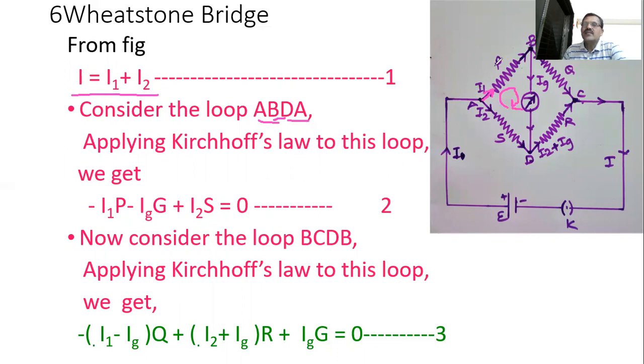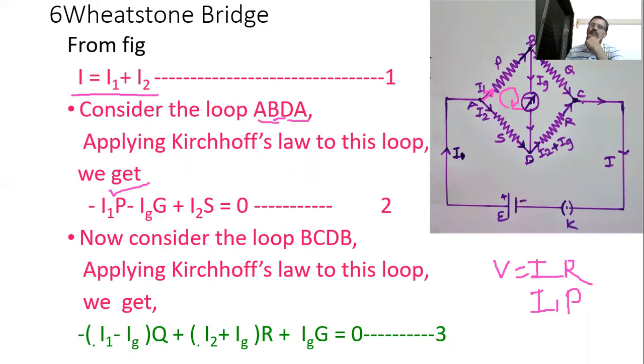The potential difference is equal to I into R, where I is current and R is resistance. The current flowing through resistor P is I1 and its resistance is P. Therefore, we have written the first term as minus I1 into P.